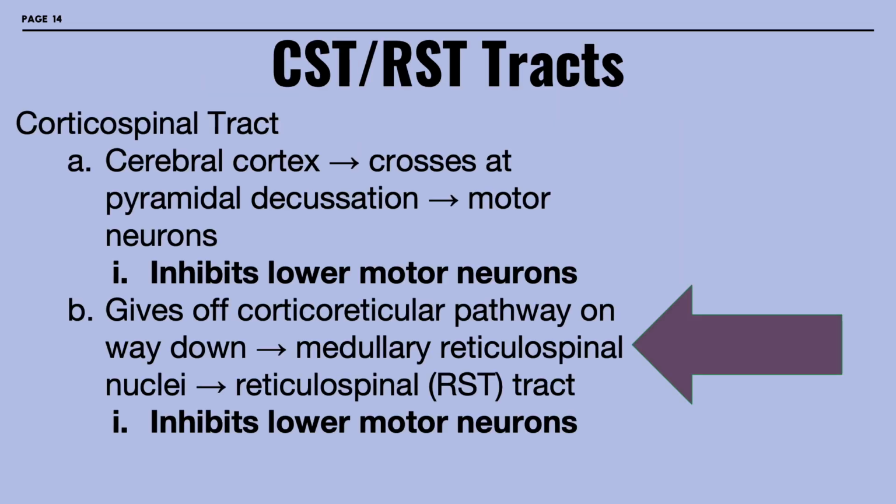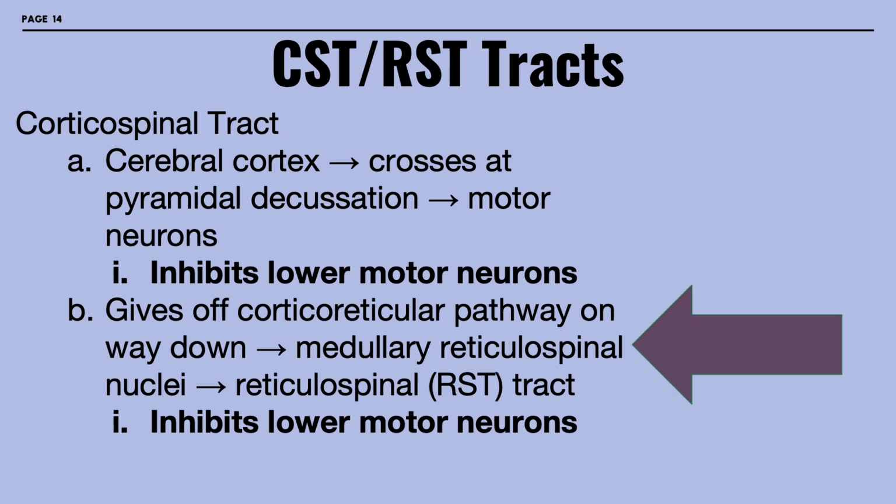So we're going to get into some supraspinal influences. We're going to go over the corticospinal tract, which starts in the cerebral cortex, crosses at the pyramidal decussation, and then goes to the motor neurons. We're going to say for the purpose of this lecture, it inhibits lower motor neurons. That's the net effect.